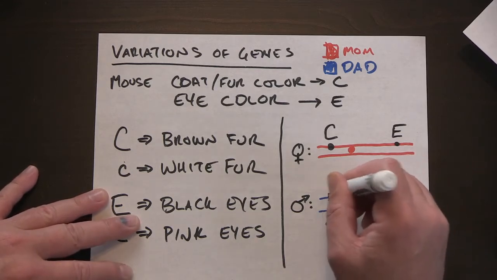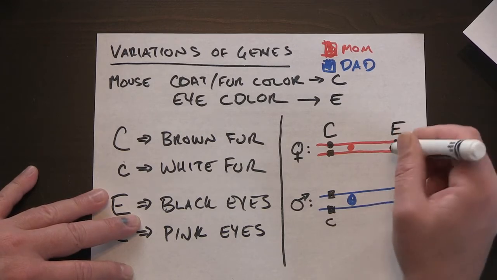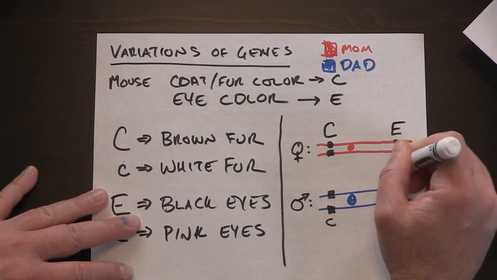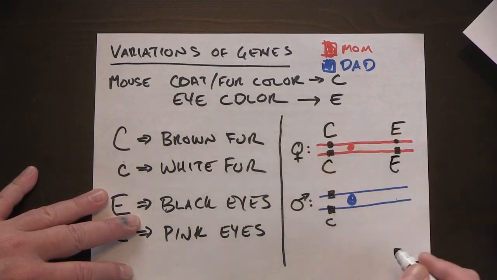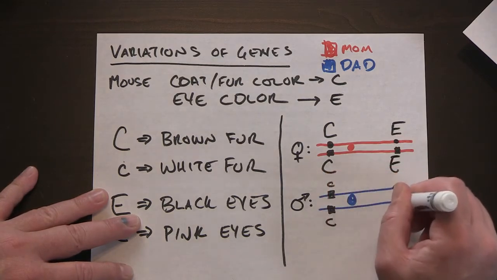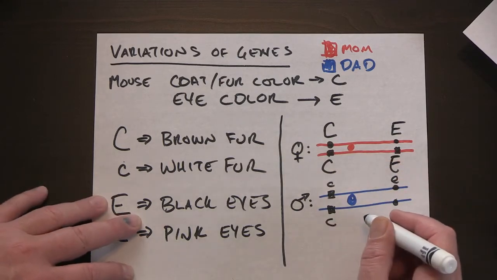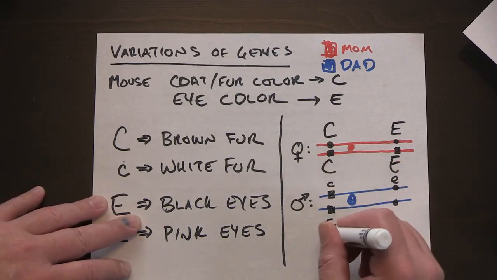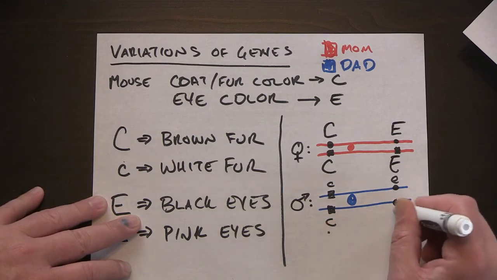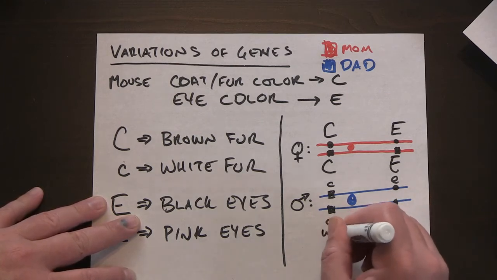Well, it's here too. So these are identical copies of the chromosome, right? So dad has got white fur, little c, and, I'm sorry, pink eyes, little e.